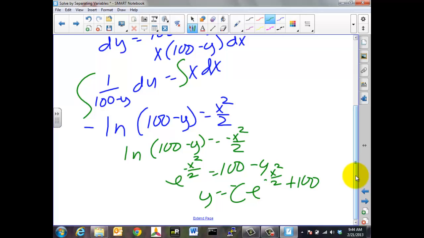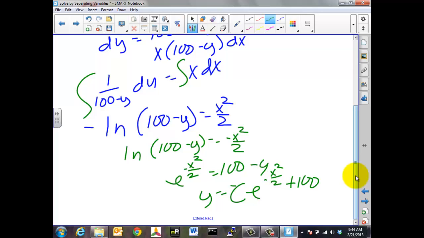Then we said e to this power, e to the negative x squared over 2 equals 100 minus y. Now if we're going to solve for y, it's a negative in front of the y. So even if you take the 100 over, you've got to divide through by negative to make it a positive y there. So y equals negative c e to the negative x squared over 2 plus 100.